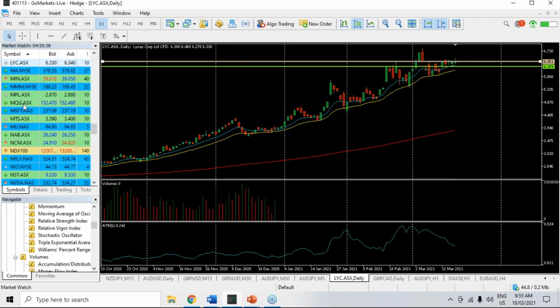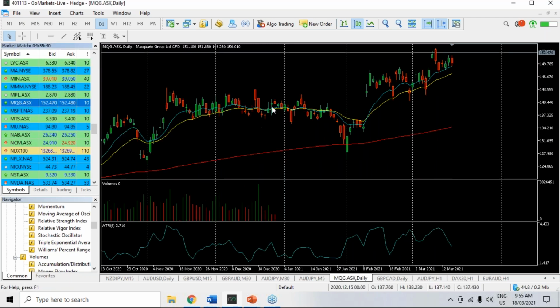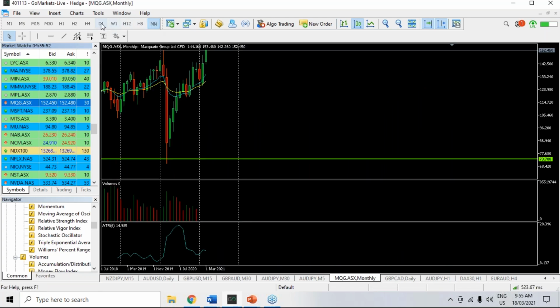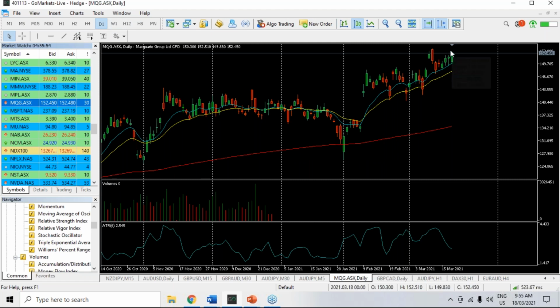Macquarie Bank, MQG, this is the bank we like best for right now. You can see how that's moved up despite the rest of the sector moving down. And this will represent a new high close. Although we've been up here before in terms of intraday action, this is actually the high close.